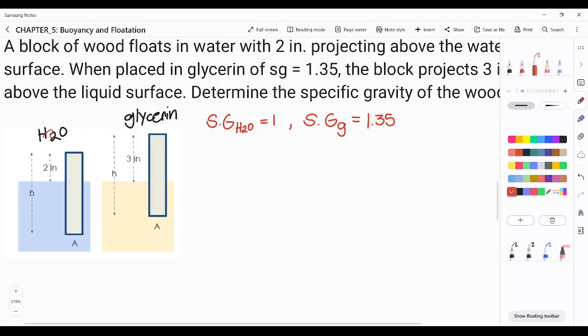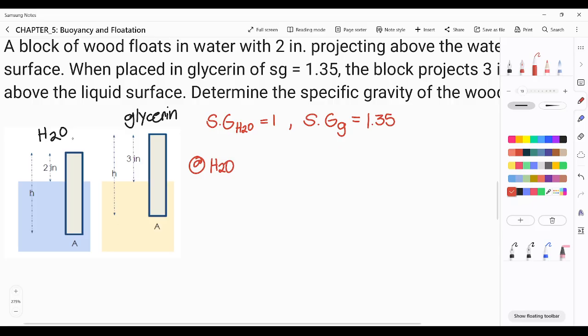Let's first analyze the block when it is submerged in water. Alright? Kapag nakalutang siya sa tubig, let's just say at H2O, kung titingnan natin tong block na to, since nakalutang siya, it's in equilibrium.